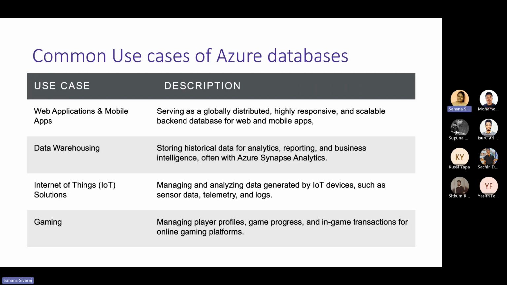And for Internet of Things, IoT solutions, we can directly get data from IoT devices like sensor data, logs data and telemetry data, by saving them for real-time analytics like stream analytics. By using that, we can manipulate the data and create reports.